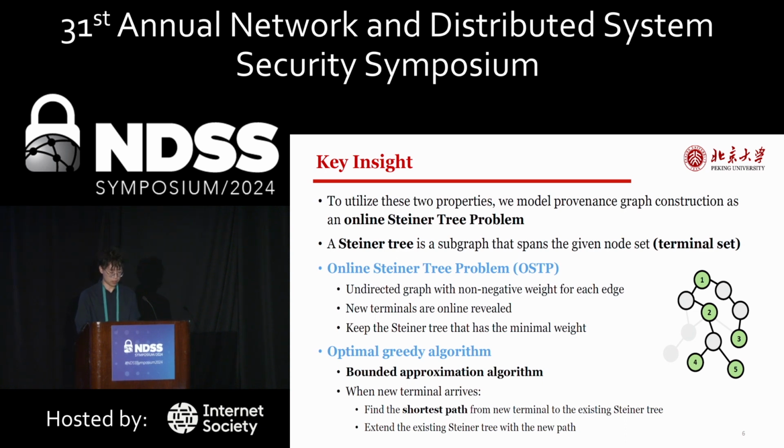The terminals are revealed online, and the objective is to minimize the total cost of weights of the solution. Online STP is an NP-complete problem. The optimal approximation algorithm is the greedy algorithm. When a terminal arrives, it finds the shortest path from the new terminal to the existing solution, and extends the existing solution with the new path.